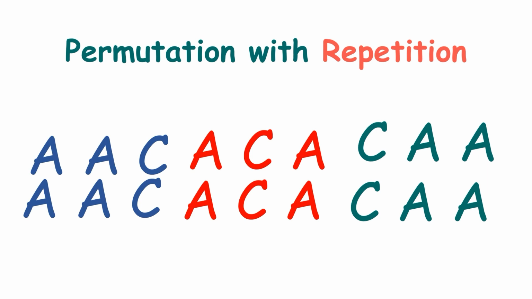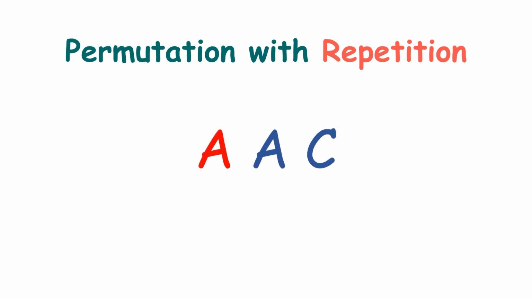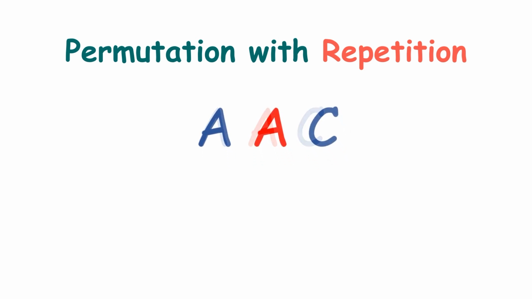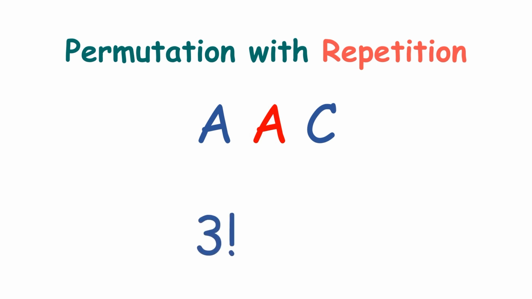So each of the options is repeating twice. Now why is that happening? Because these two A's are switching their positions, but we cannot tell the difference. That means the total number of arrangements, if they were all different, would be 3 factorial. But as the A's are switching positions, that many times each option would repeat. So the total number of arrangements would be 3 factorial divided by 2 factorial.